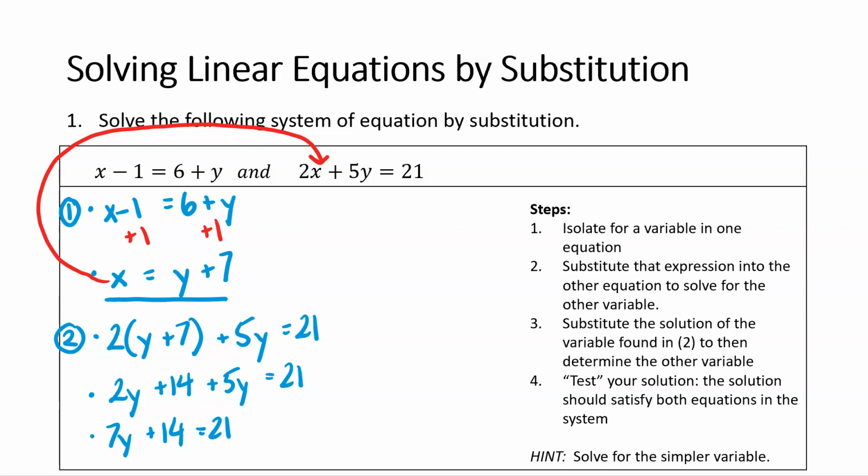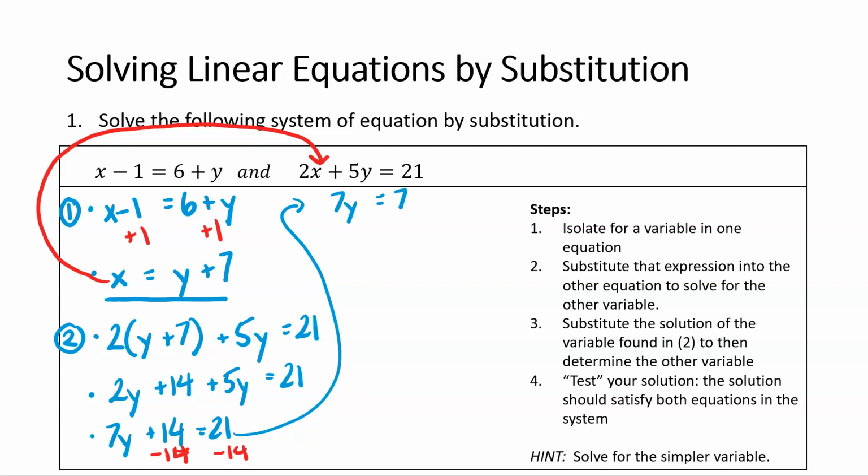Remember, the goal now is to solve for that variable. So what we'll do is subtract 14 from both sides. What you'll get is 7y equals 7.